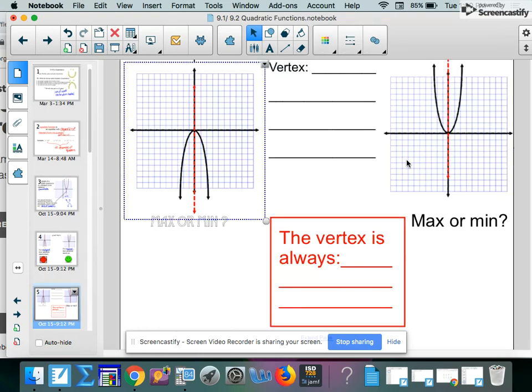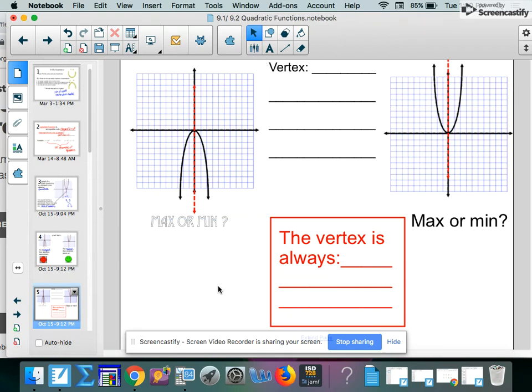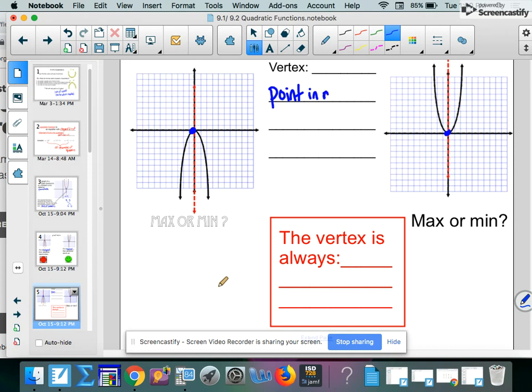Another word is the vertex, and the vertex is that point in the middle of your curve. So it's the point in the middle. It's your highest or lowest point is another way to think of it, depending on if it opens up or down.